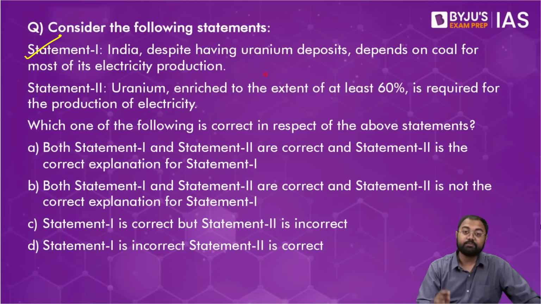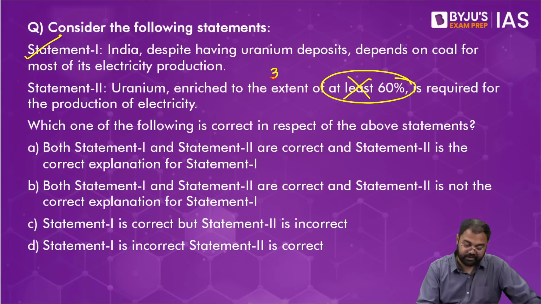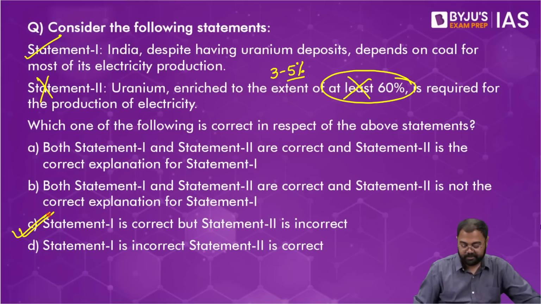We discussed that 55 to 60% of electricity comes from coal. Then, uranium enriched to the extent of at least 60%. This is wrong. We discussed that the enrichment is done just up to 3 to 5%. Correct? So that's why it is a wrong statement. So if you see, option C says statement number 1 is correct and statement 2 is incorrect. So that is what it is.